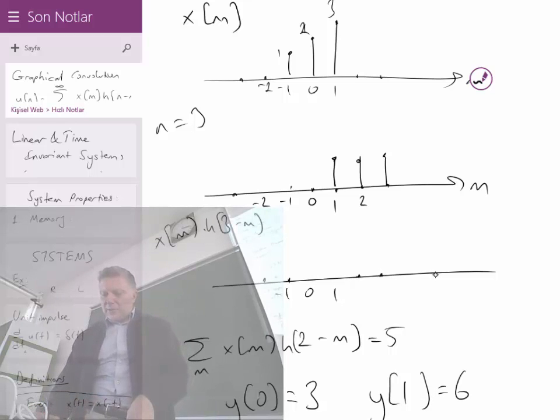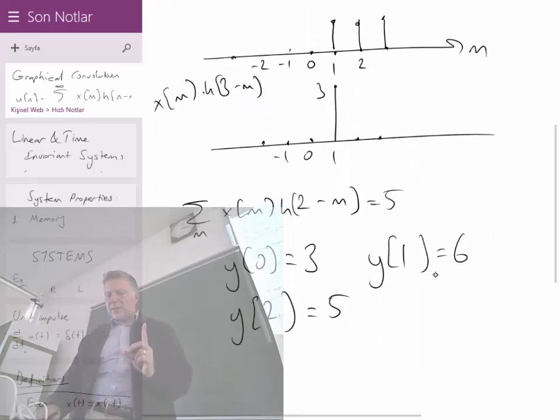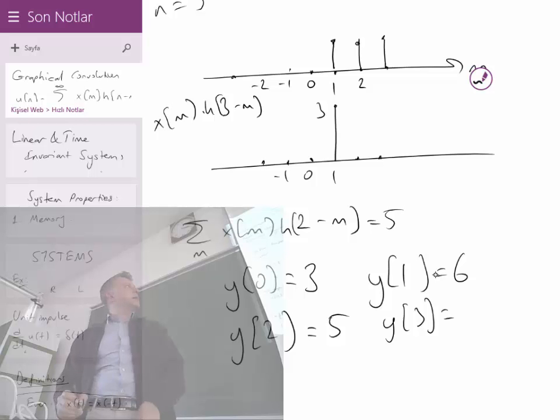And the multiplication will only give me one sample at 1, which is 3. The others will be all zeros. You see that? The multiplications will give you zeros. So there is only one sample left, and that is y of 3. And what's the summation of that accumulation? 3, only one sample.